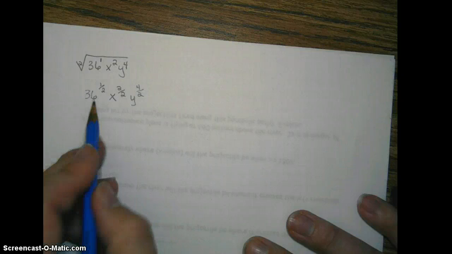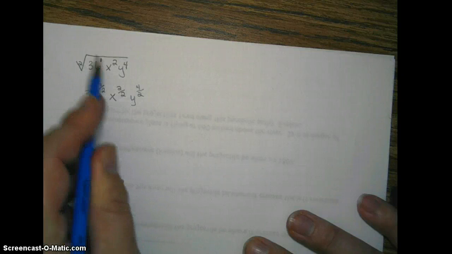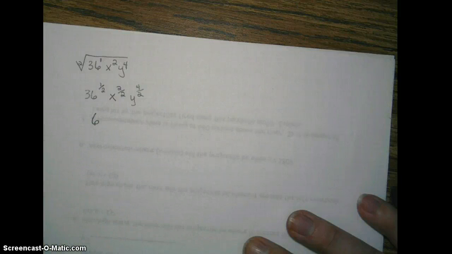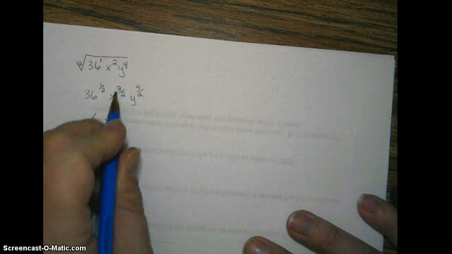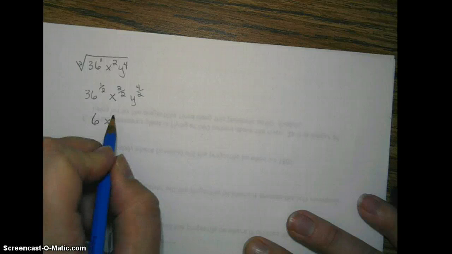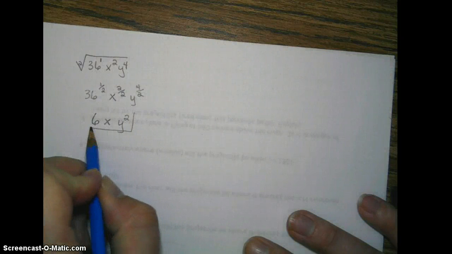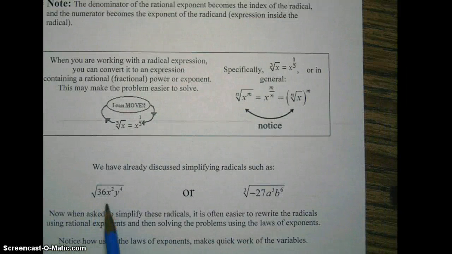Well, basically we're taking the square root of 36, which is 6. And then x, 2 divided by 2 is 1. Y, 4 divided by 2 is 2. And that is our answer. All right, our first example is done.